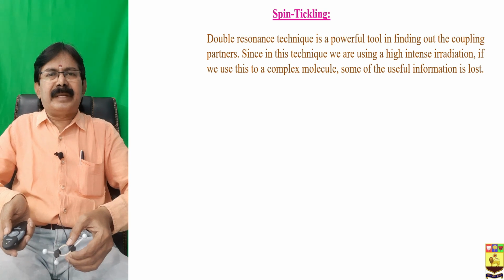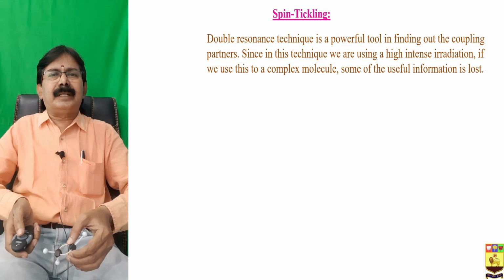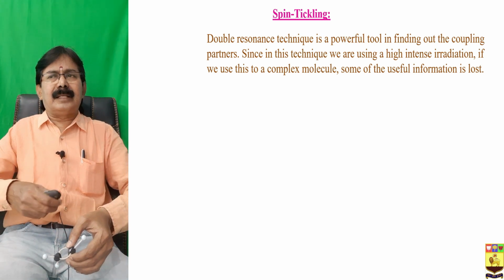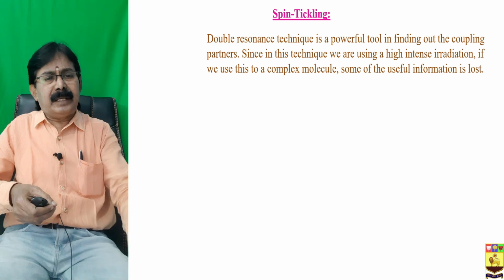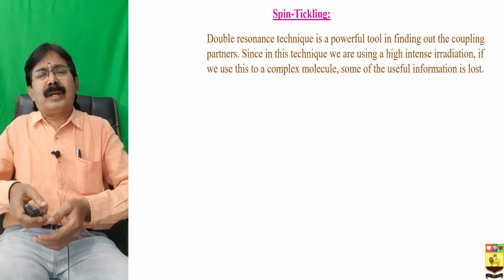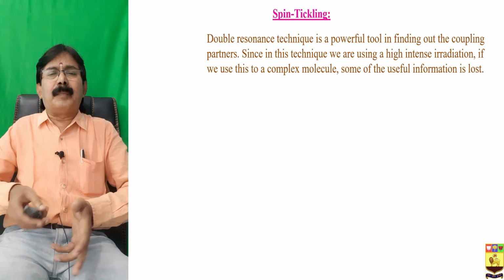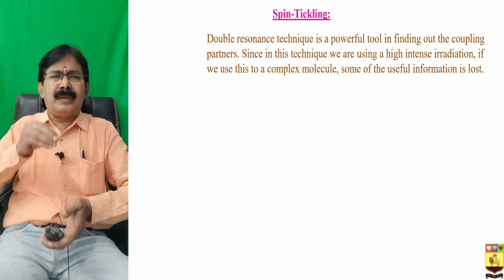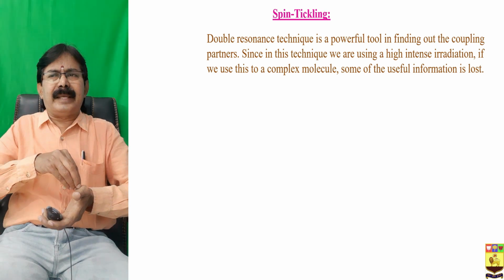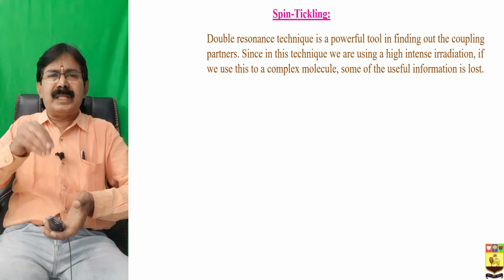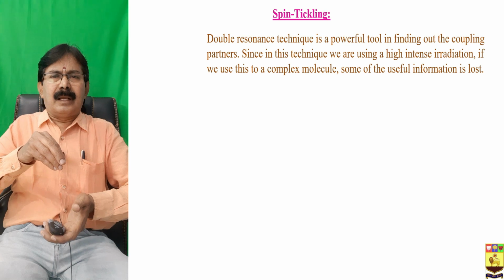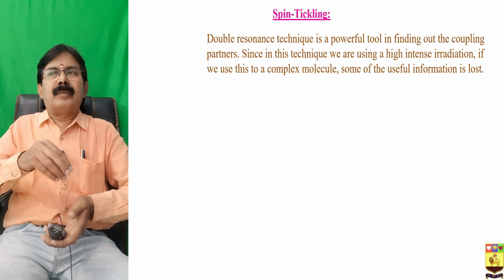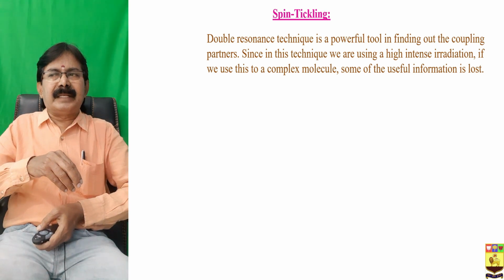Let us go to spin tickling. In double resonance, or double irradiation, it is also a powerful tool where one can find out the coupling partners. Here we are using a high intensity irradiation, and when we use this type of high irradiation for a complex molecule, some of the useful information is lost.